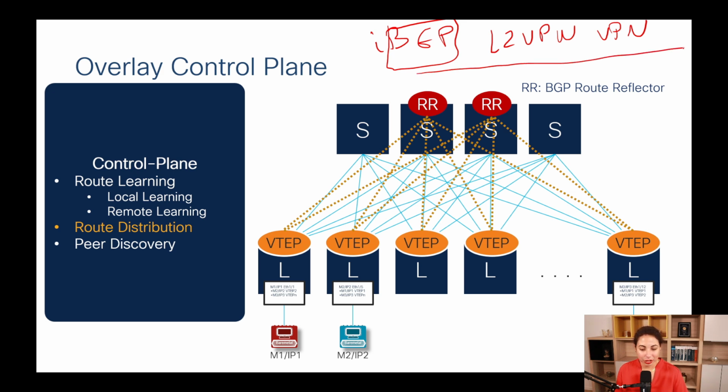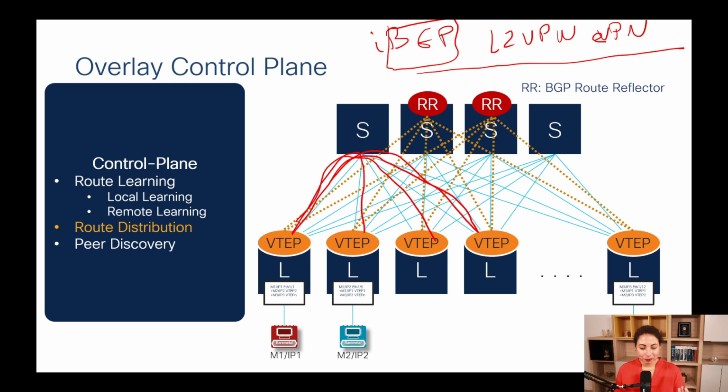To ensure everyone's reachability for the host, the number of sessions would grow exponentially if we needed to peer everyone with everyone. And on top of that, each time I add a new VTEP, I would need to change everyone's configuration in order to account for this new peering. It would work, but it is cumbersome, right?